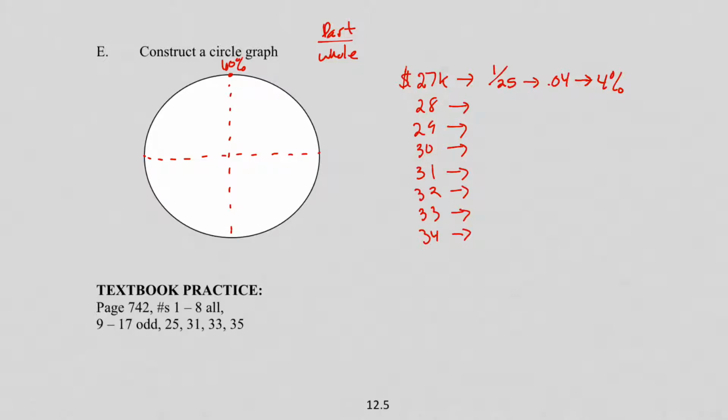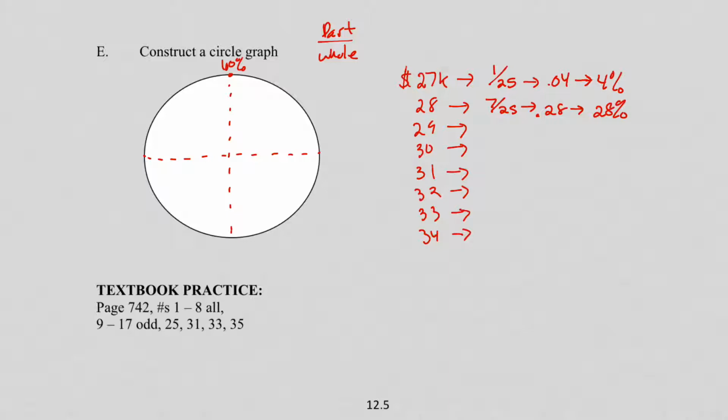Really small. That's going to be the smallest one. The biggest one is going to be the next one, which is 7 out of 25, which is 0.28, which is 28%.